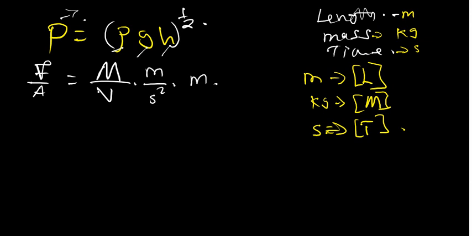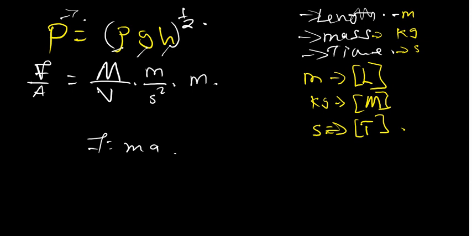Now, I know that force is basically mass times acceleration. Why am I resolving it into simple terms? Because I'm trying to come up with only these three. I want to dismantle everything so that I have length, mass, and time. That's all.